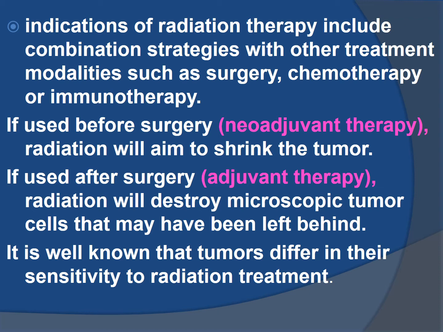If it is used after surgery, it is called adjuvant therapy, in which the radiotherapy destroys microscopic tumor cells that may have been left behind, so preventing the tumor from recurring again. It is well known that tumors differ in their sensitivity to the radiation treatment.